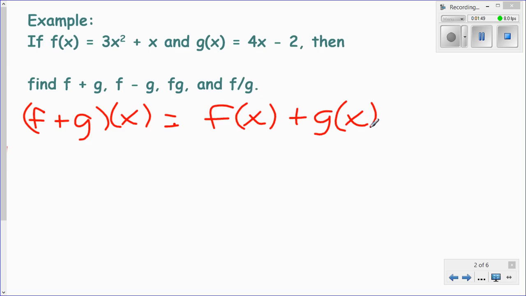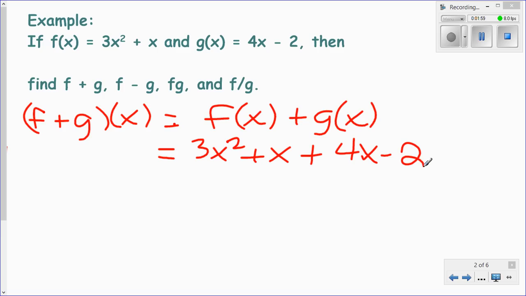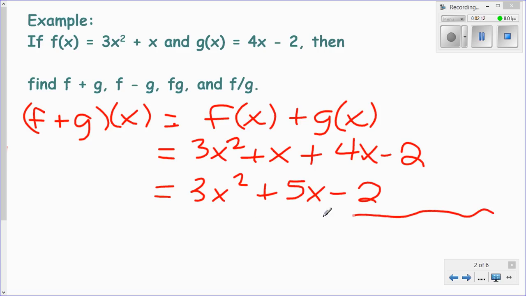Basically, you're just adding both functions. So that would become 3x squared plus x plus 4x minus 2. And then we'll just combine like terms. So we get 3x squared plus 5x minus 2. And that would be the sum of f of x and g of x.